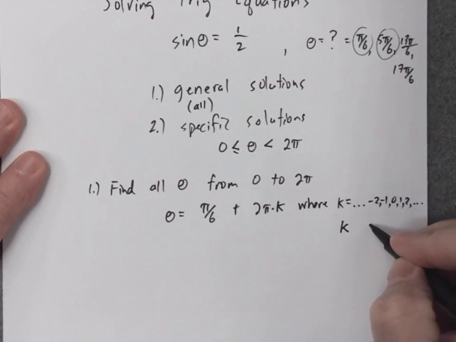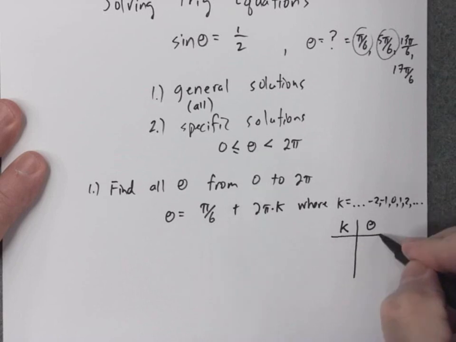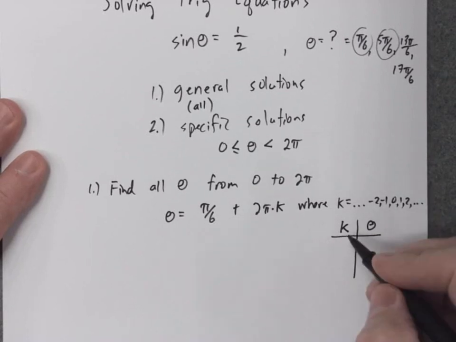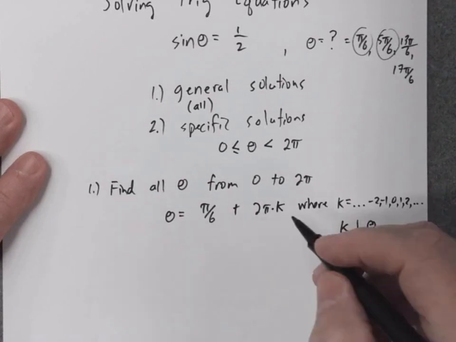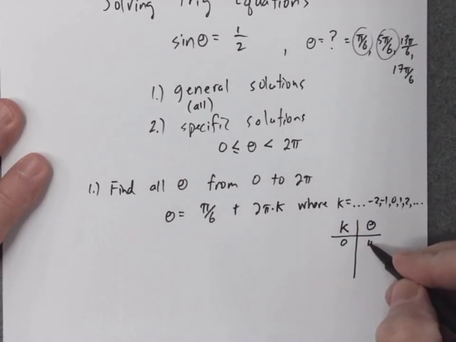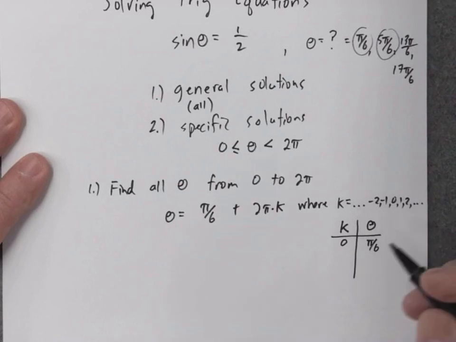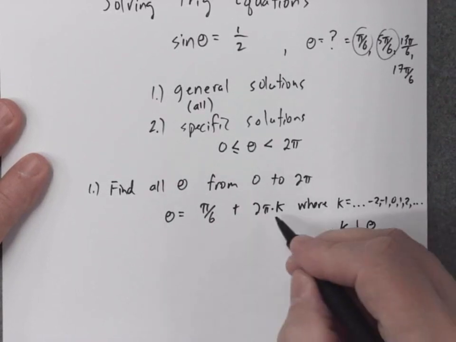Sometimes I'll even make a little table here. You start out with 0 for k. When I plug in 0 for k, my solution, 0 times 2 pi is 0, my solution is pi over 6. Next, I'm going to plug in 1 for k.